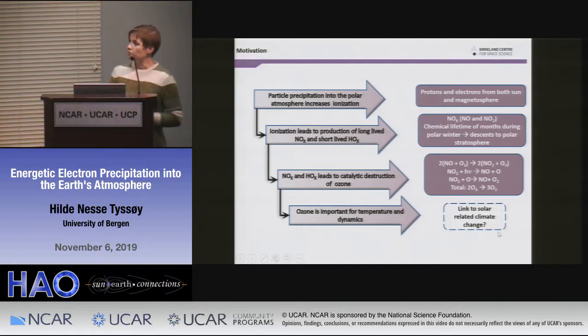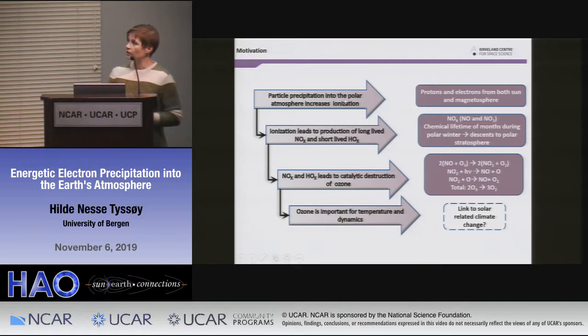But to do a good job in estimating the total EEP, the particle precipitation effect, we need to do a good job with the first step, estimating the energy that is being deposited into the atmosphere.